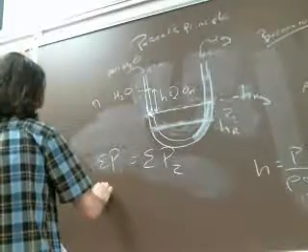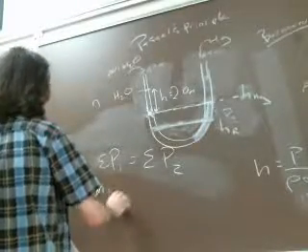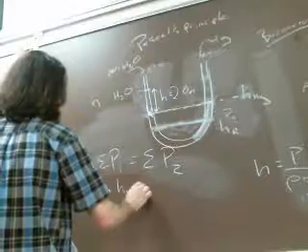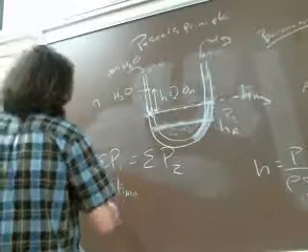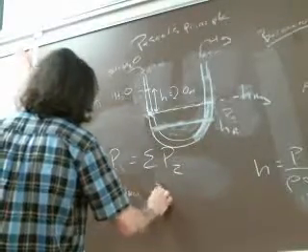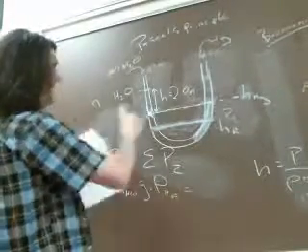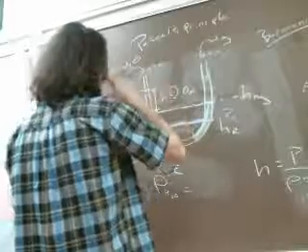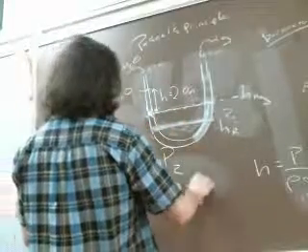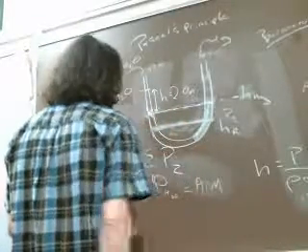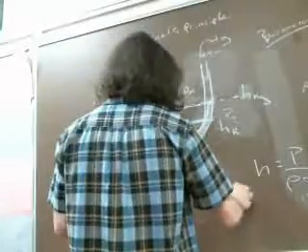It's the atmosphere plus h times g times rho of H2O. It's going to be the same thing as the pressure right there at the second location, which is the atmosphere plus rho g h of Hg, right?